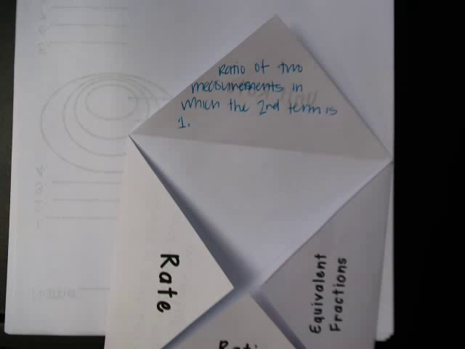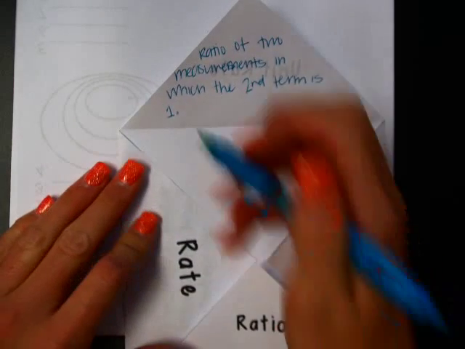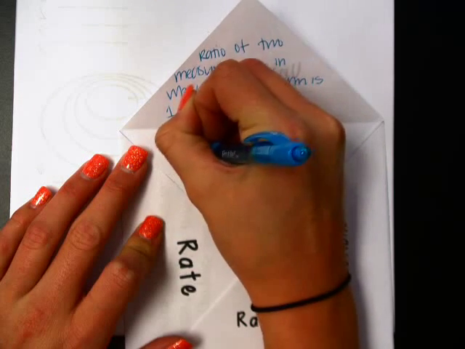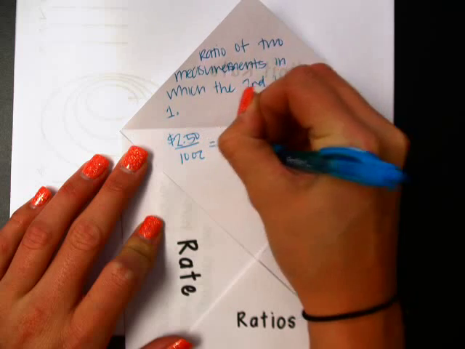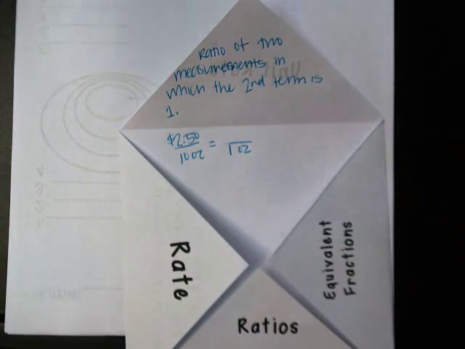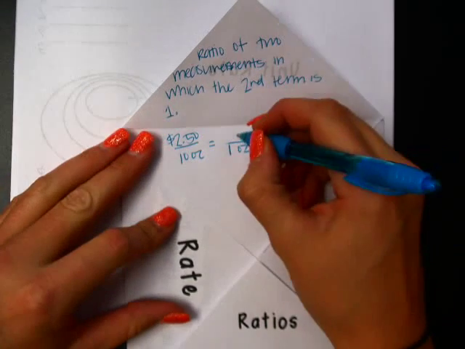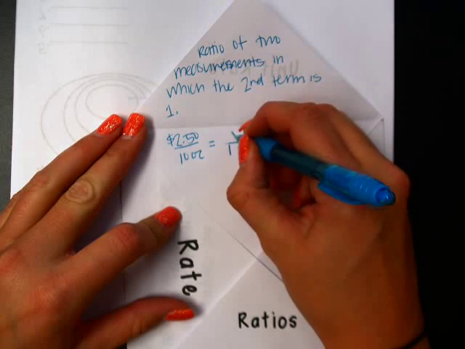A unit rate is a ratio of two measurements in which the second term is 1. So that's like if we had that same $2.50 for 10 ounces, we would want to know what 1 ounce is equal to. That's a unit rate. For 1 ounce, 1 unit, we want to know what its rate is.